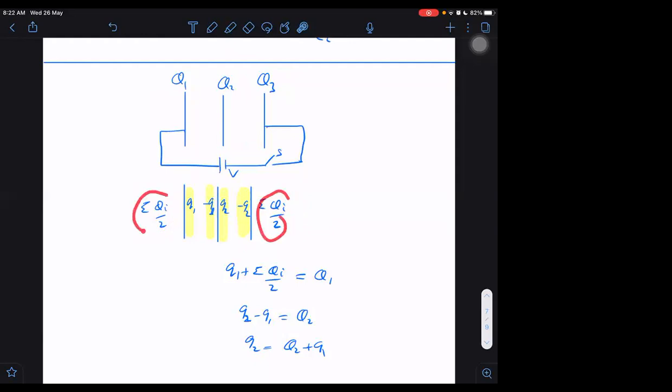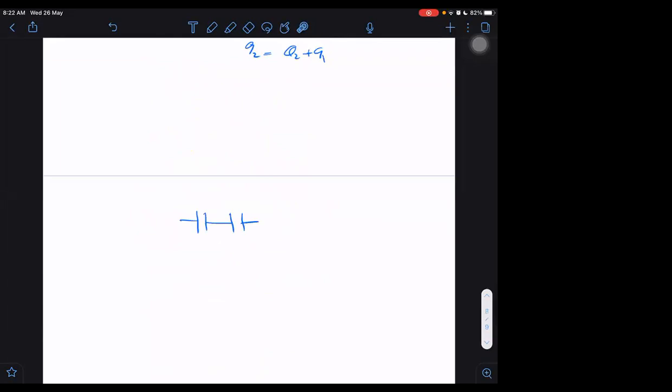What that outer charge will do is just go to the earth if you ground this circuit. If you make it earth, then this outer charge will vanish. That will go to 0. But the inner charges, these will be the charges which are on the capacitors. These will vary according to the normal method which we have followed so far.